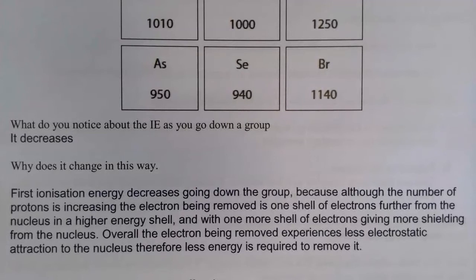So even though that proton number is increasing, because the electron being removed each time is 1 shell further from the nucleus, and also it's being removed from a higher energy shell. Remember, you get higher in energy the further you get away from the nucleus. It also experiences more shielding. Those inner shells shield the outer shell electron from the nucleus. So overall, the electron being removed experiences less force of attraction to the nucleus, and therefore less energy needed to remove it.